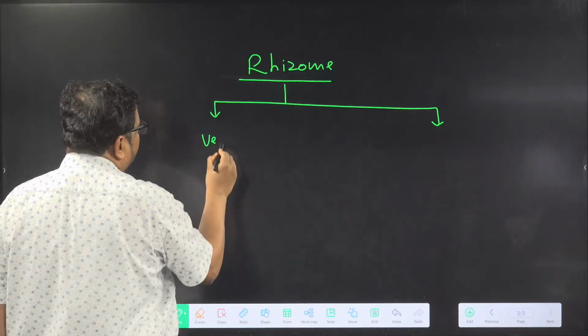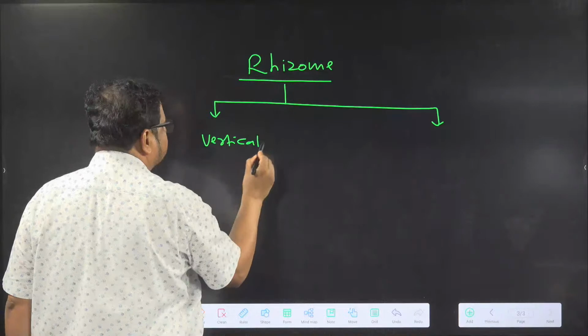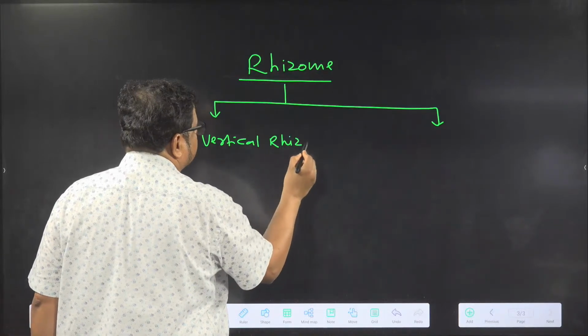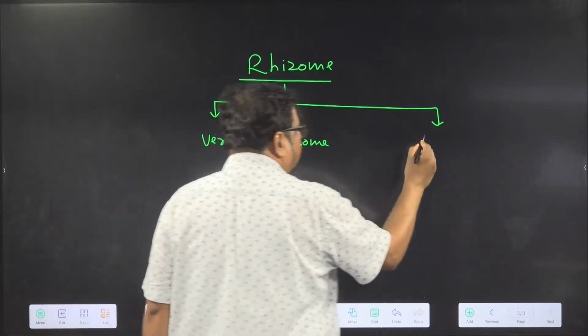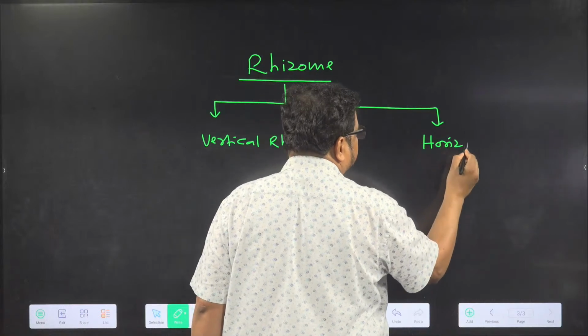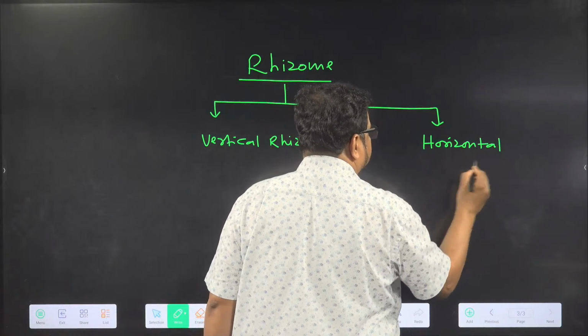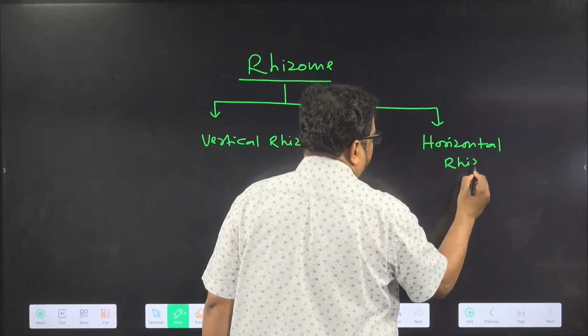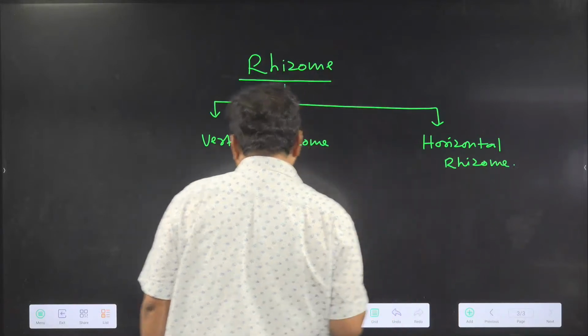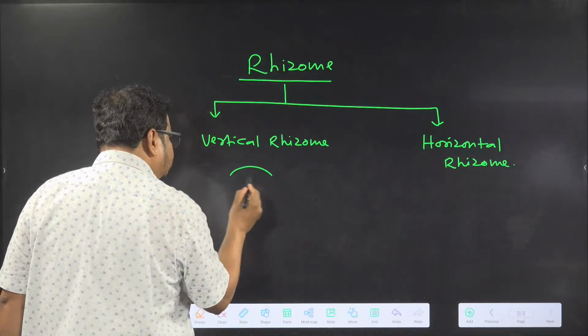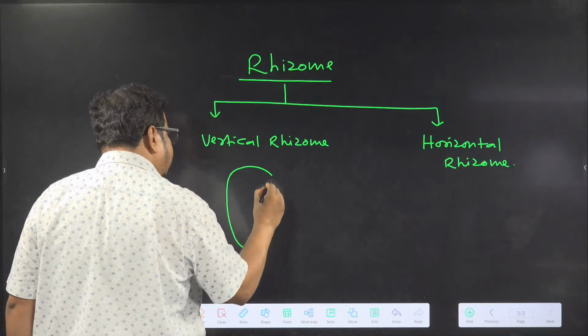One is vertical rhizome, and another one is horizontal rhizome. If you talk about vertical rhizome, I am just drawing it. It is like this.